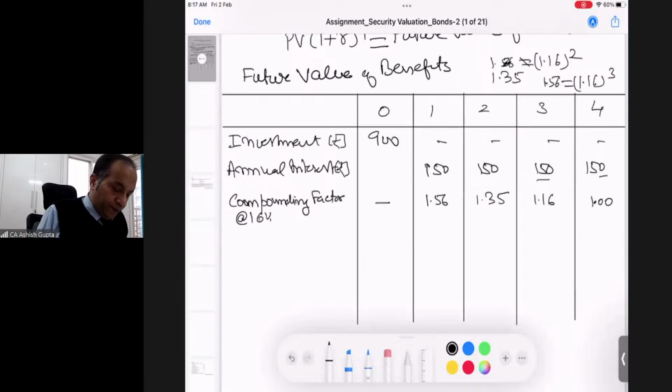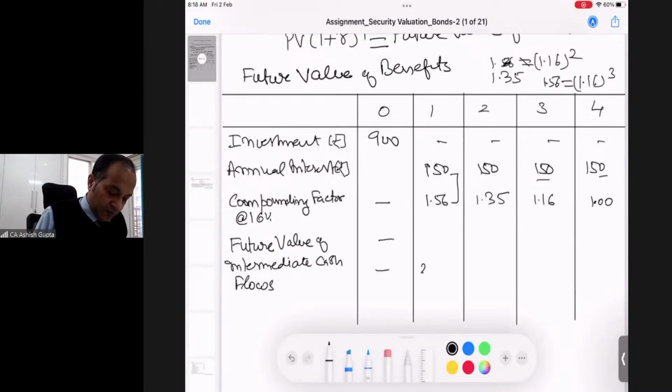Now we start multiplying the same and we get the value.